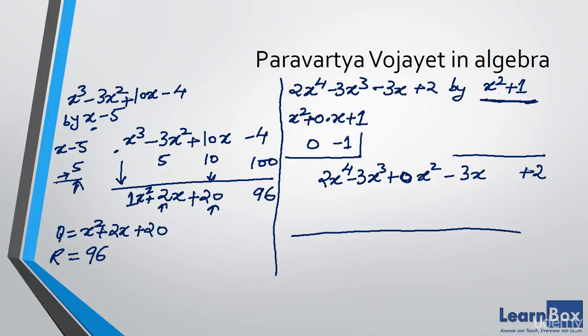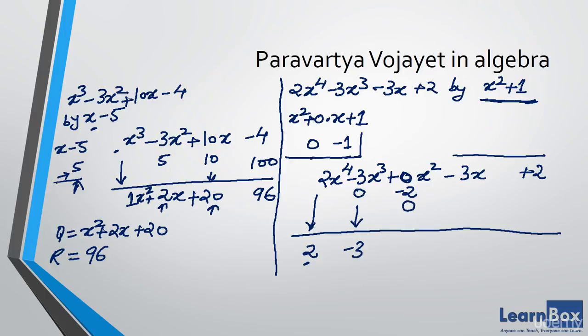Now let's solve. This 2 will come down as it is here. Now we'll multiply this 2 with 0 and minus 1, so this becomes 0 and 2 into minus 1 is minus 2, so this here is minus 3 minus 2. Now we'll multiply minus 2 with 0 and minus 1, so this will be 0.